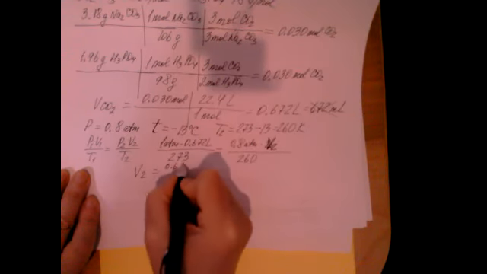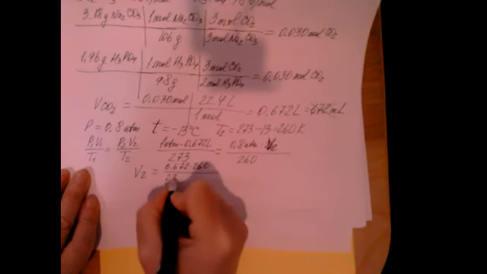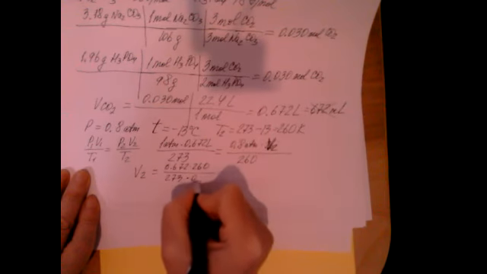So V2 equals 0.672 times 260 divided by 273 divided by 0.8.